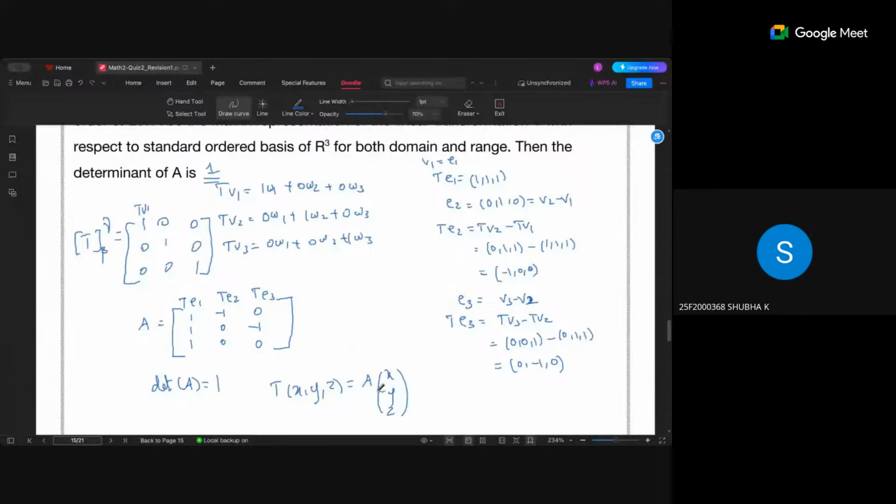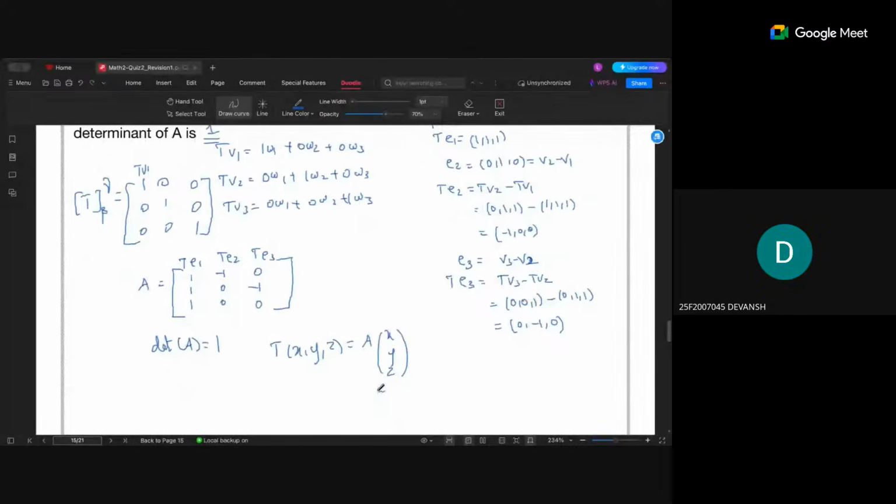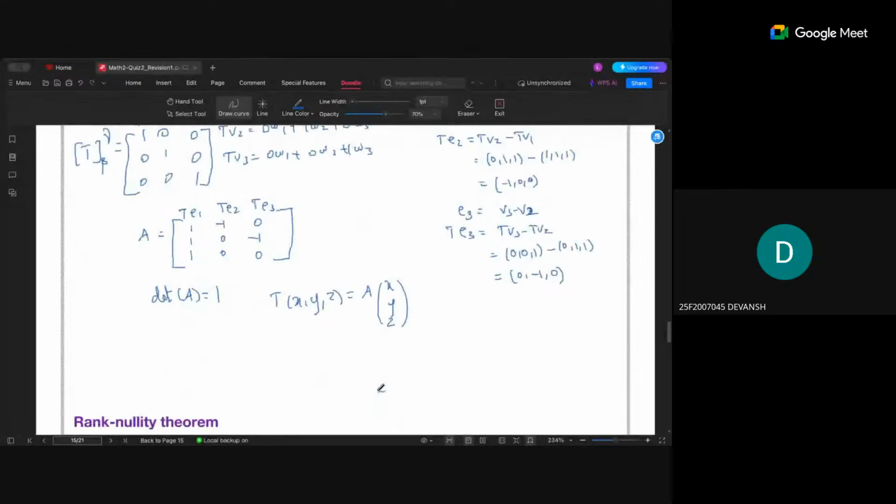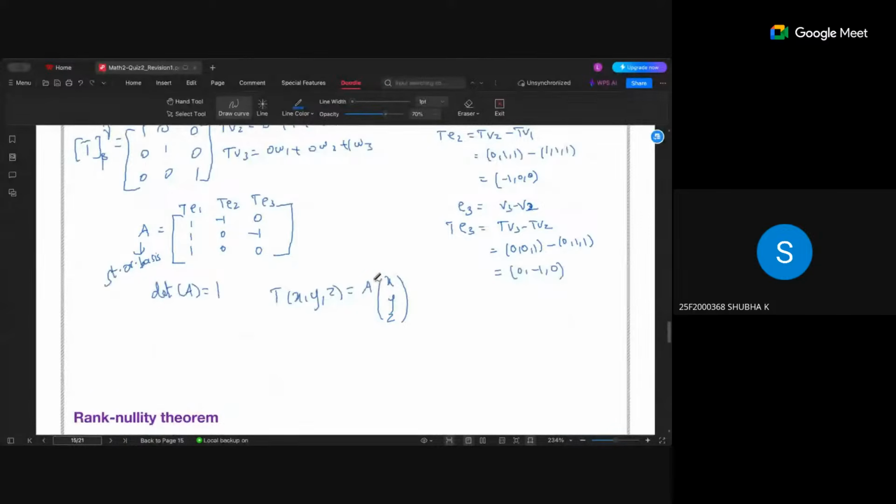Ma'am, there was a condition for this, sometimes we cannot multiply directly. Yes, if A is a matrix with respect to the standard ordered basis, then this is applicable. Here A is with respect to the standard ordered basis and hence we can do this. Okay, ma'am.